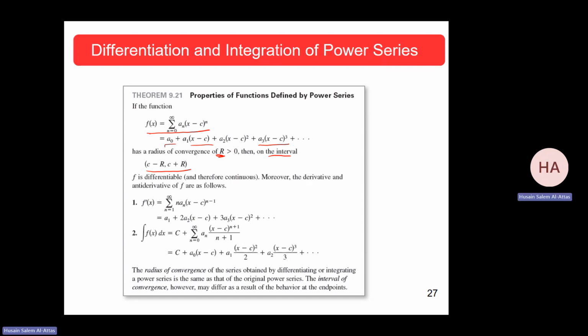I'll take the derivative of this. Notice f of x is the sum of a_n times (x minus c) to the power n, but you need to be careful. What is f prime? It is the sum of n a_n (x minus c) to the power n minus 1.